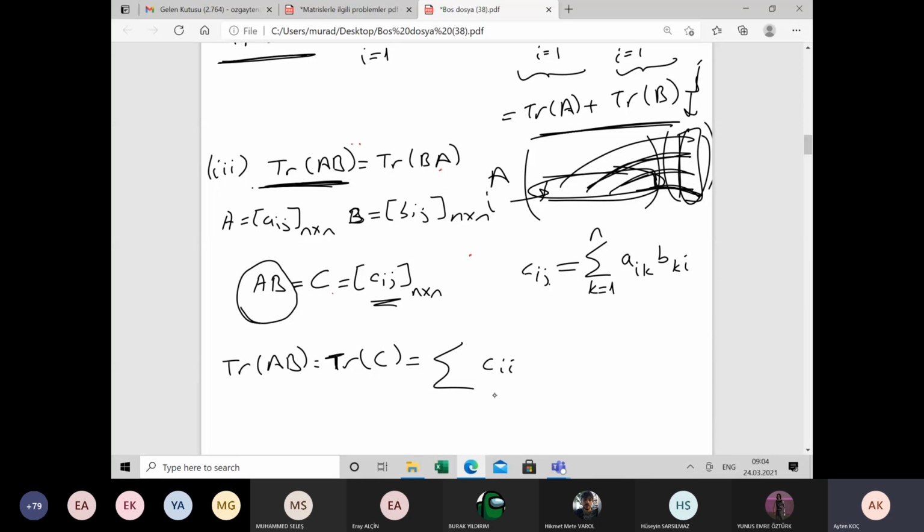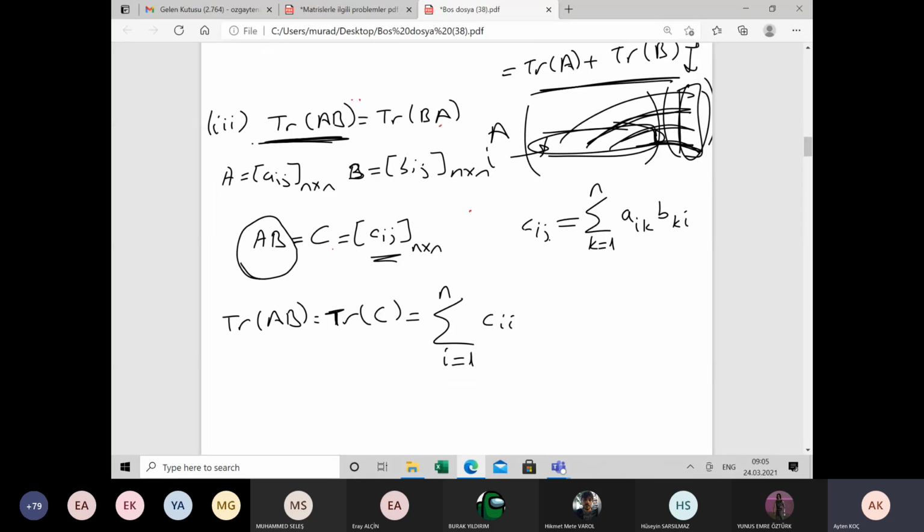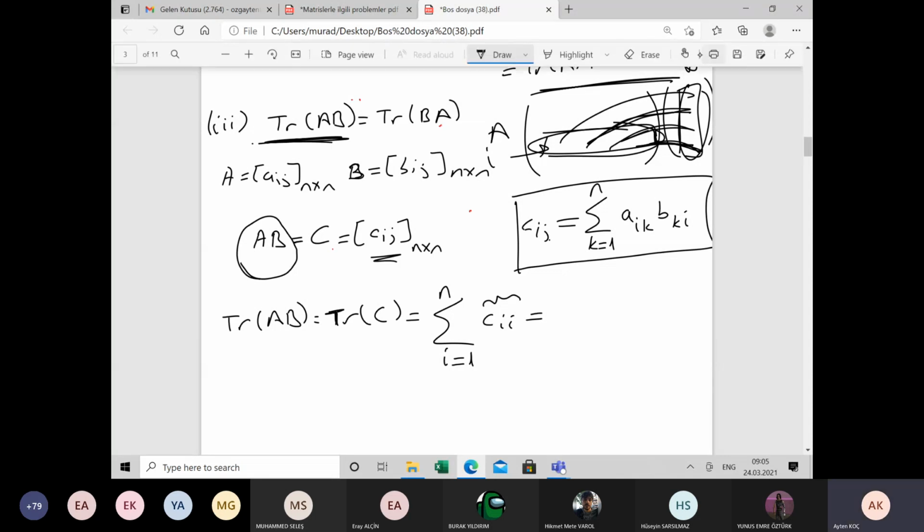This one is the trace of C. So what's the Cii? Cij, in the special case where I is equal to J.